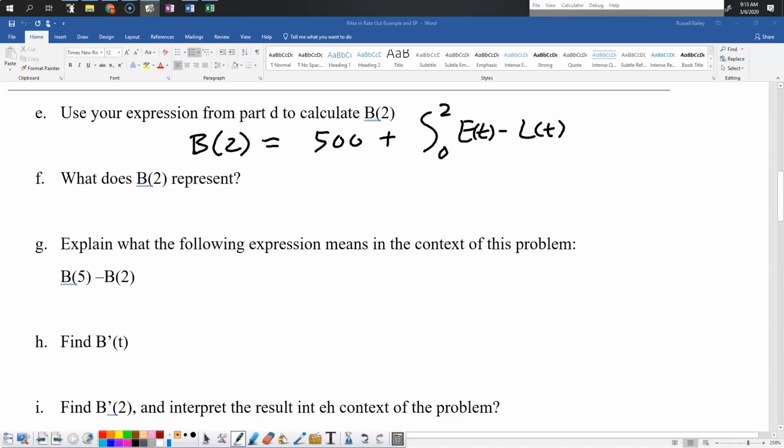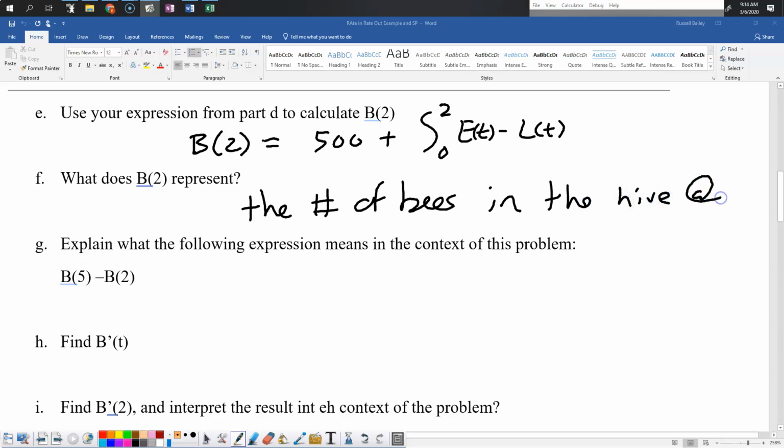Is that the number of bees that went in? What is this? The number of bees that are actually physically in the hive at 9 a.m. So the number of bees in the hive at t equals 2, just to be safe, but I like how Pearl contextualized it. She said that means 9 a.m.